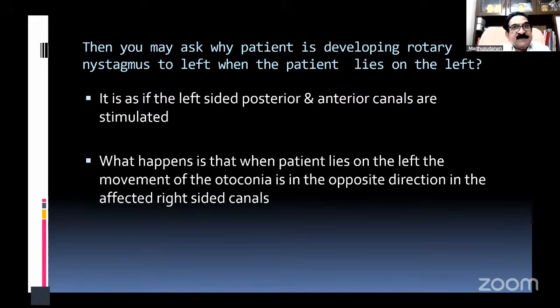What happens is that when the patient lies on the left side, the movement of the otoconia is in the opposite direction in the affected right side canal. Here on the left side, the left is not the one stimulated. The right is inhibited because the movement is away when the patient is lying on the opposite side. So when the fluid motion is away, the right side cannot get stimulated. That means in effect, the left side is stimulated. So the nystagmus is again to the same direction, to its left side. That is when looking at the left side also, the fast component is to the left side.